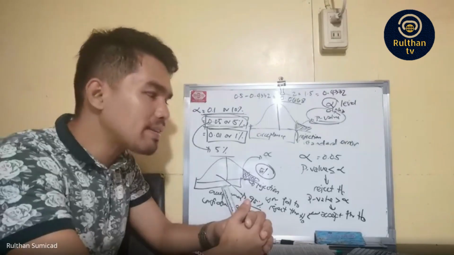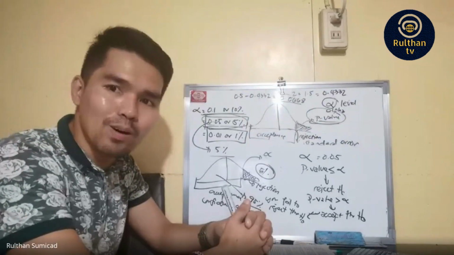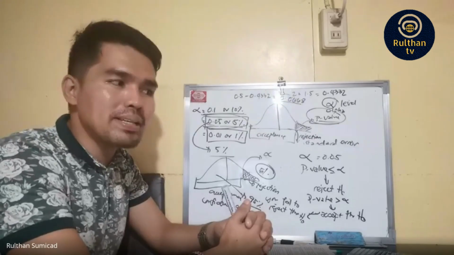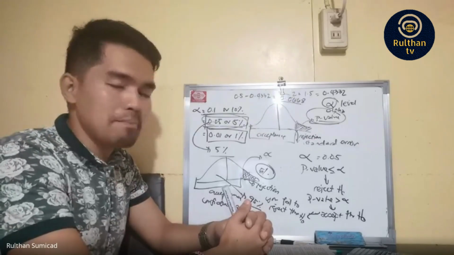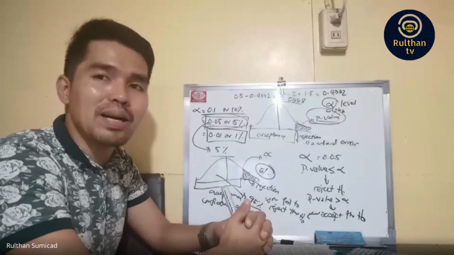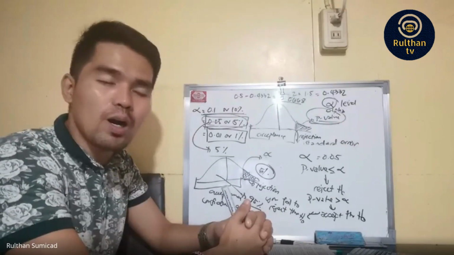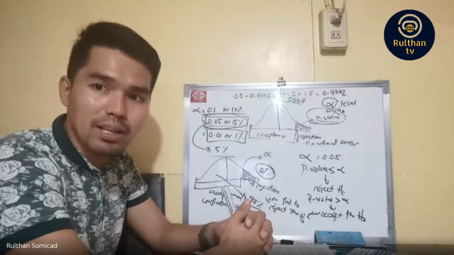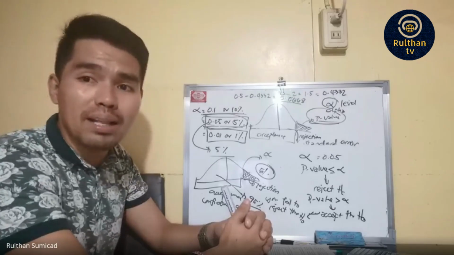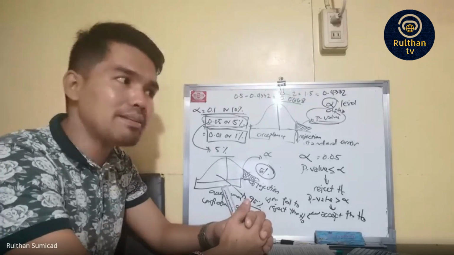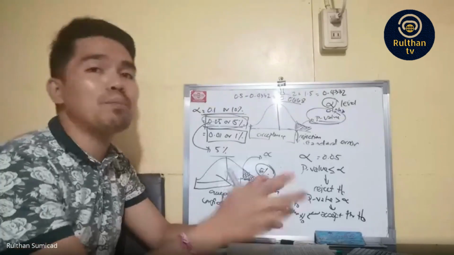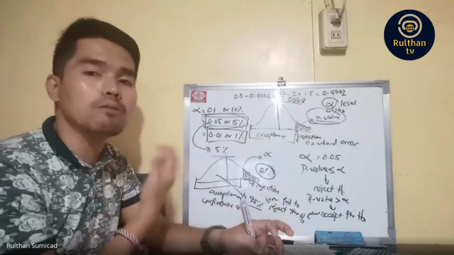So in every test analysis, if you intend to have a significant result, make sure your alpha value is greater than your p value, or also known as the computed value. Okay, the p value, that's the computed probability value.